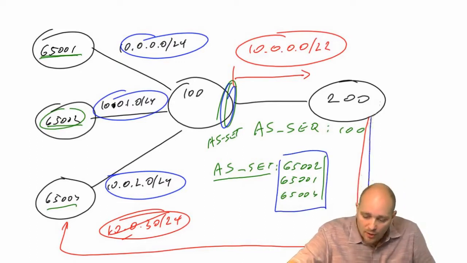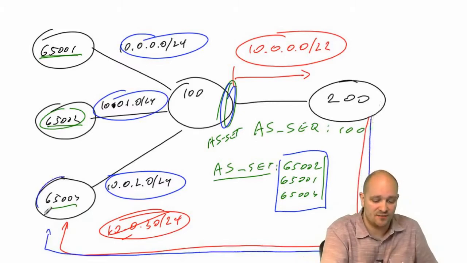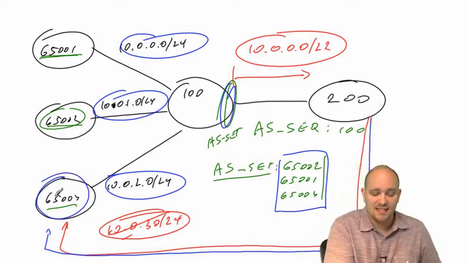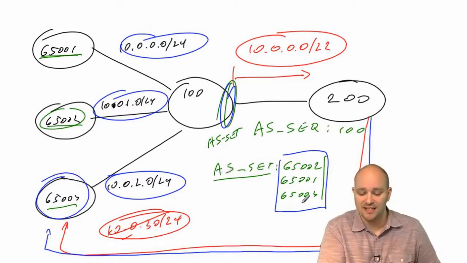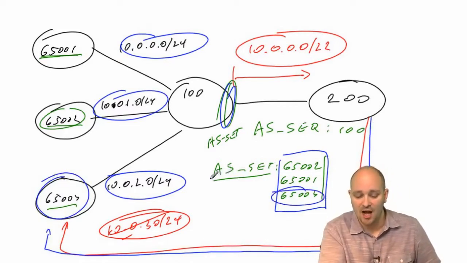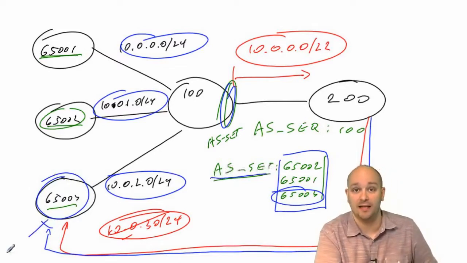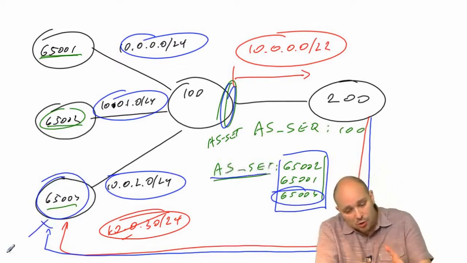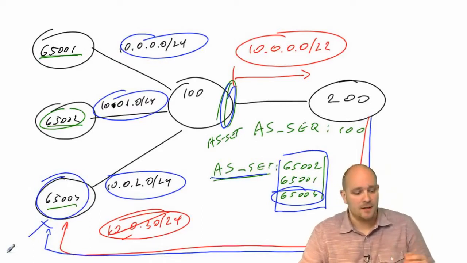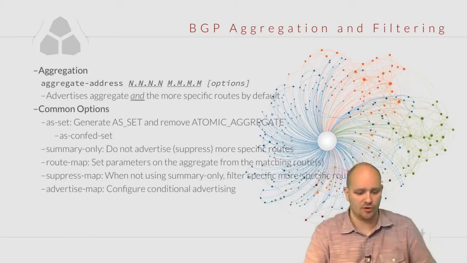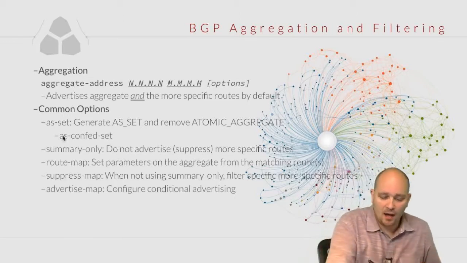So now, when this prefix gets advertised to 65,003 over this backdoor connection that we might see, 65,003 is going to see its own AS in the unordered list, in the AS set list, and it's simply going to reject this update because it has looped. So this is a relatively common thing that is used when configuring the summarization or the aggregation in BGP.